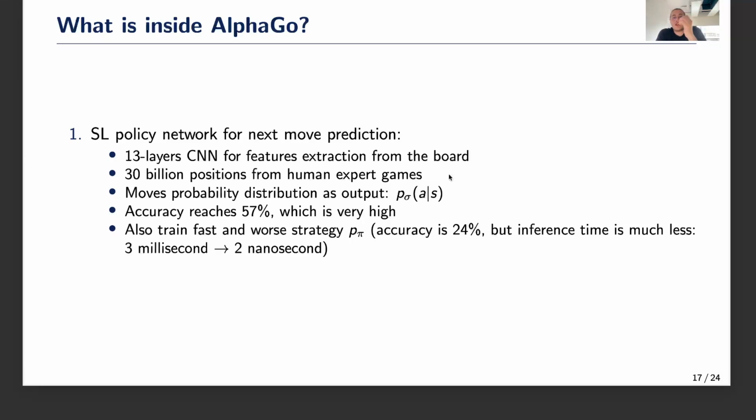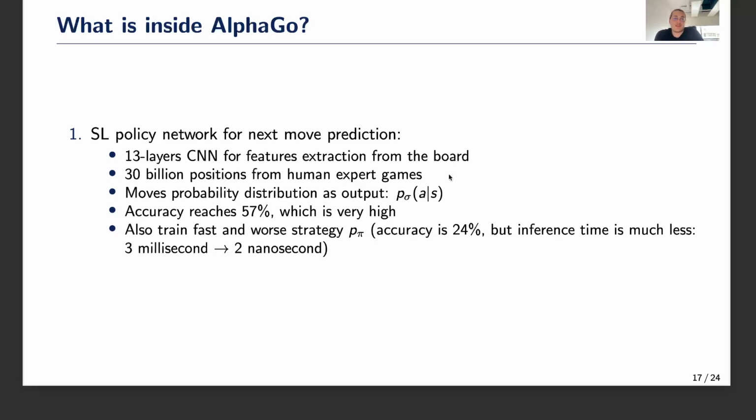The training data was massive. AlphaGo was trained on 30 million positions from human expert games, professional-level data. From that, it saw millions of board-move pairs during training.